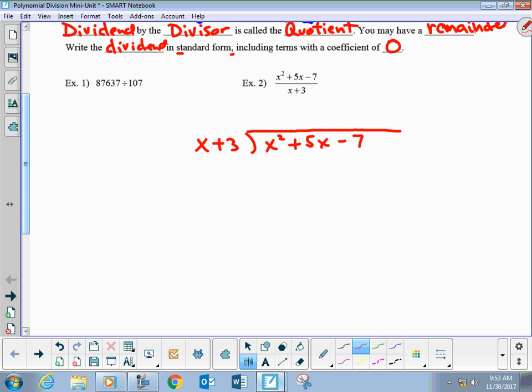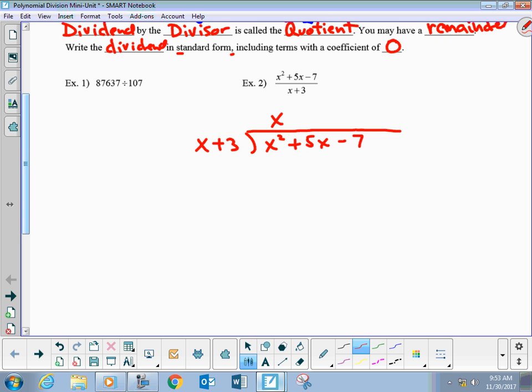Now, division is going to work exactly like you would think it does. I'm going to start with this x in the x plus 3. What do I need to multiply that x by to get x squared? So up above the line will go an x.